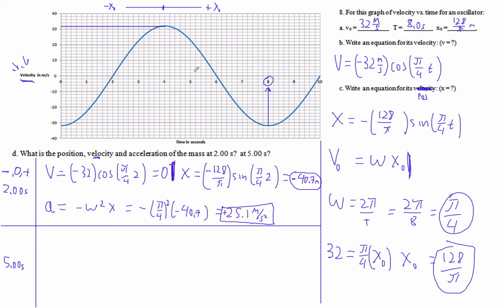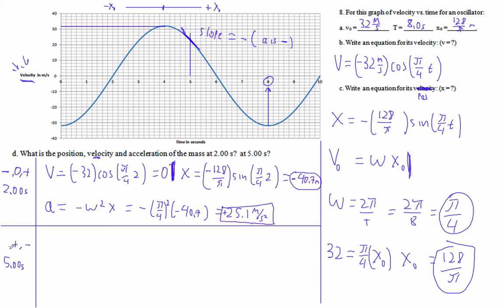Now let's see, 5 seconds, that's about here. My velocity is definitely positive, right? Notice that the slope of velocity is acceleration, and the slope of this is negative, so therefore acceleration is negative.